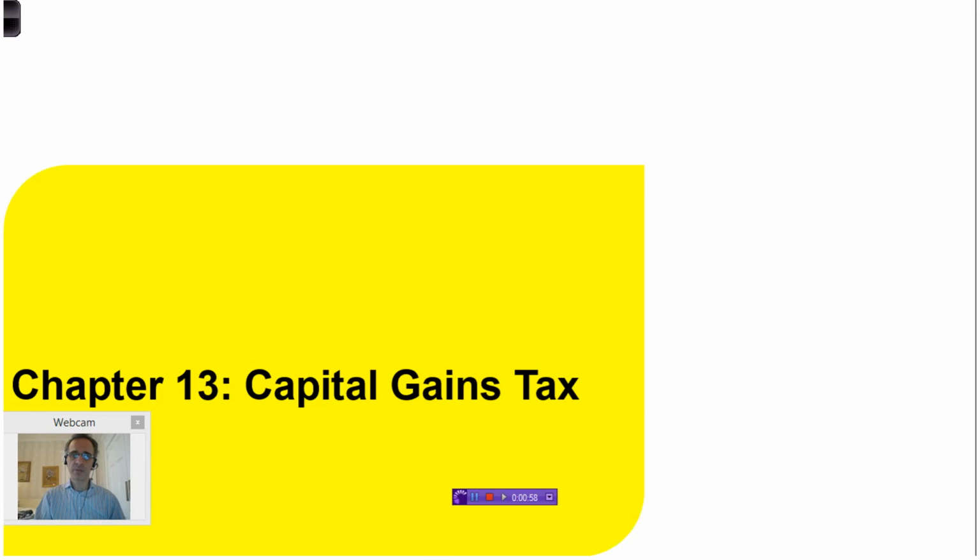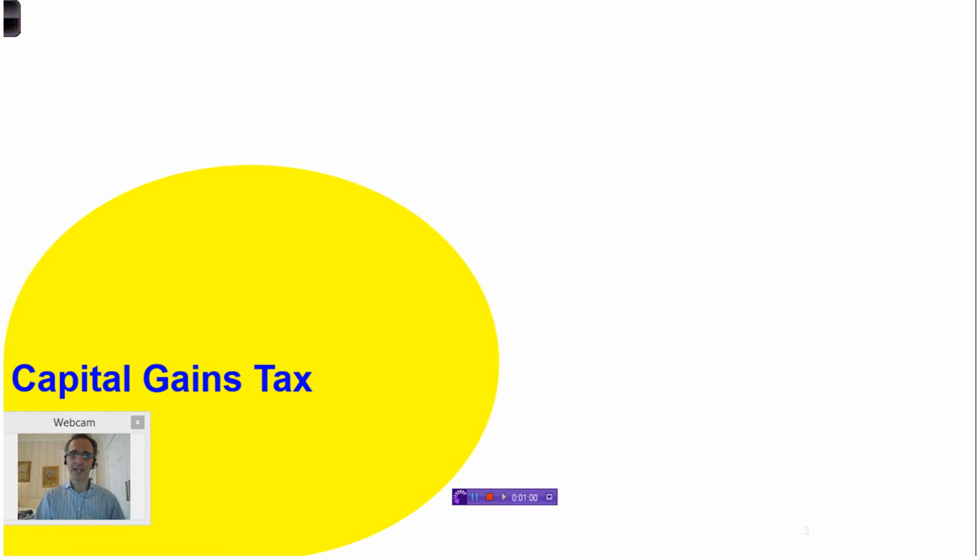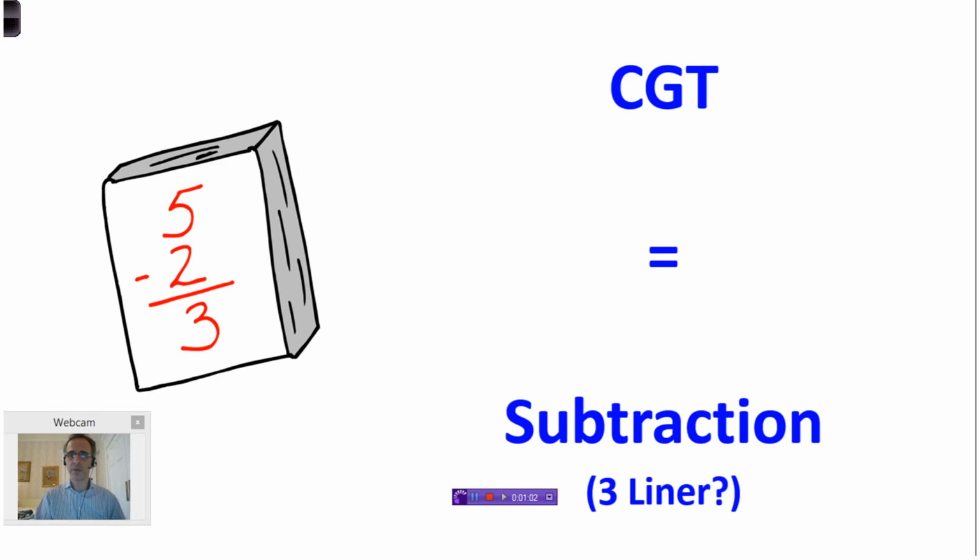Okay, so moving forward in terms of CGT at a basic level, really what is it? Well, for me, it's sort of a subtraction. What I mean by that is that an individual in the question will be disposing of, let's say, an asset or a series of assets. When that individual disposes of the assets, he or she will receive proceeds of some kind, a sales proceed. What you're looking to do is to take that sales proceeds and deduct costs associated with that asset or costs associated with that disposal.